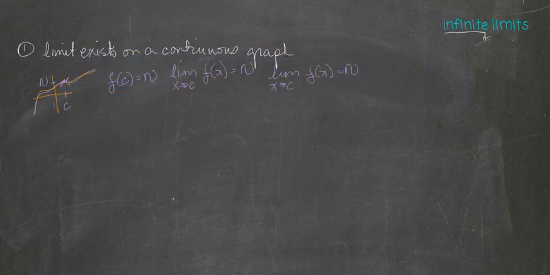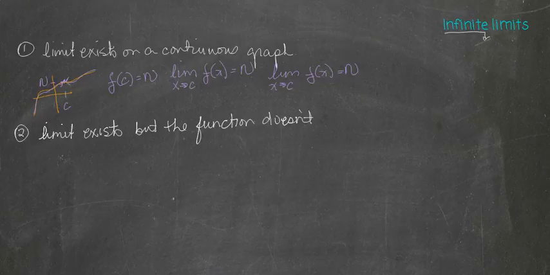And then we have another scenario to look at where the limit exists but the function doesn't, and that's a curve or a graph. So say the same curve, only I have a hole and then the curve continues on.